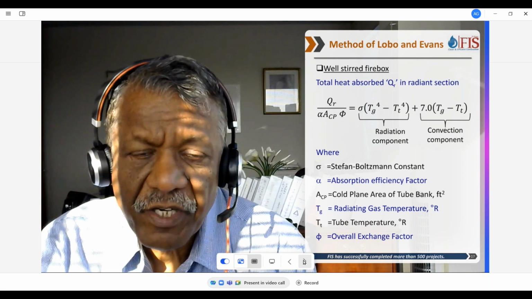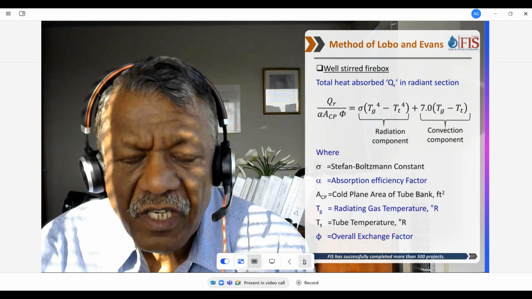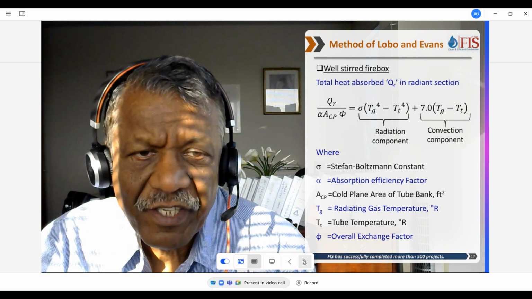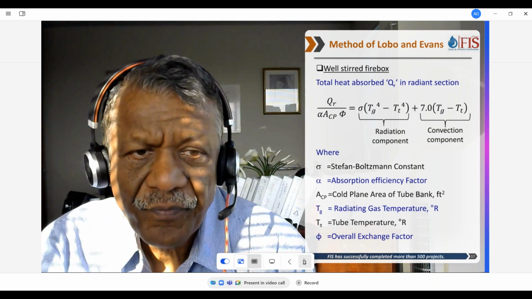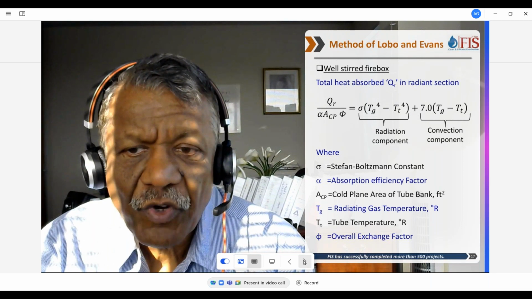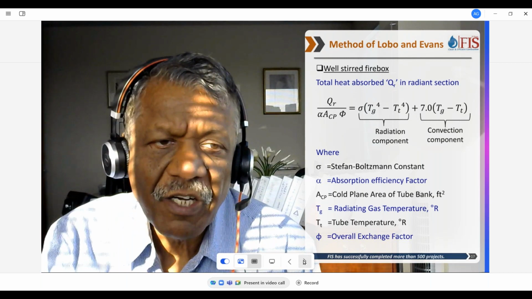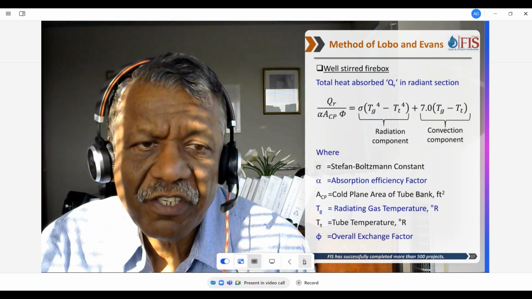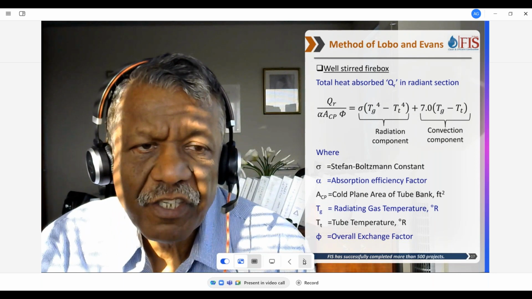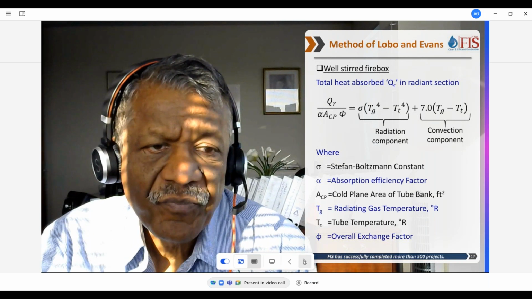The first component is a radiation component, and that typically accounts for about 85% of the heat transfer taking place in the radiant section. The second component is the convection component. Because of the movement of the flue gases in the radiant section, about 10 to 15% of the heat is transferred by convection.